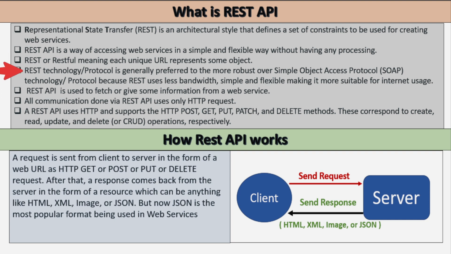REST technology or protocol is generally preferred to be more robust over Simple Object Access Protocol, also known as SOAP technology or protocol, because REST uses less bandwidth, is simple and flexible, making it more suitable for internet use. REST API is used to fetch or give some information from a web service.